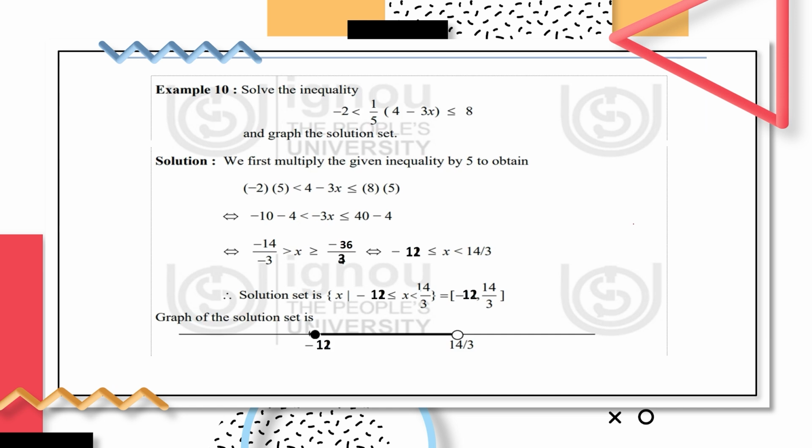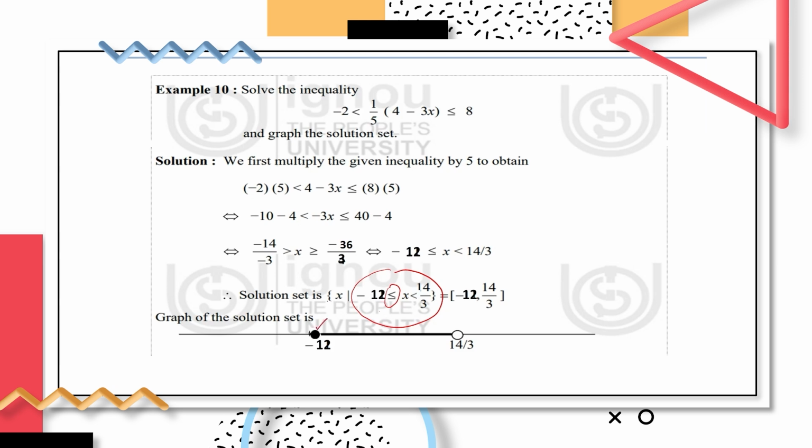This is another example wherein we are again going to solve an inequality, and just by solving the expression, you will find that the solution over here is that x lies in the range minus 12 to 14 by 3, but there is an equality sign for the number minus 12.